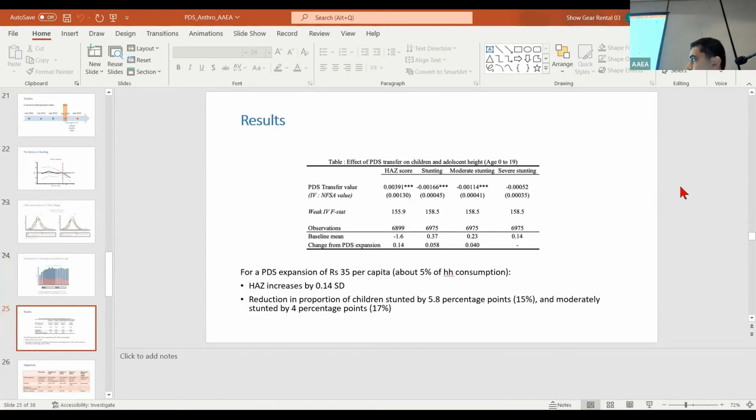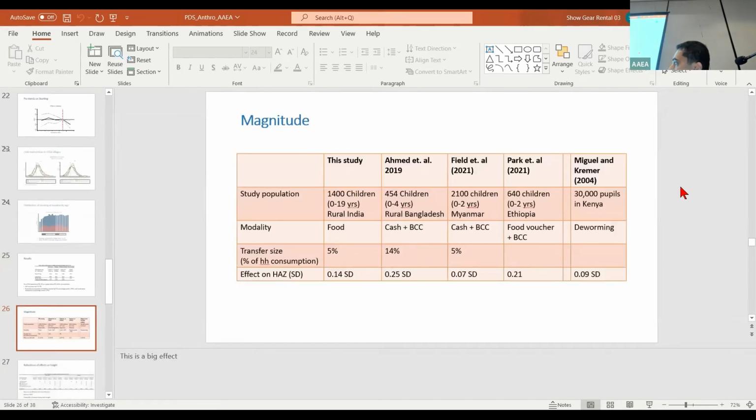For instance, a PDS expansion of 35 rupees per capita, which is around 5% of household consumption, increases the height-for-age z-score by 0.14 standard deviation, and that reduces the proportion of children stunted by around 6 percentage points.